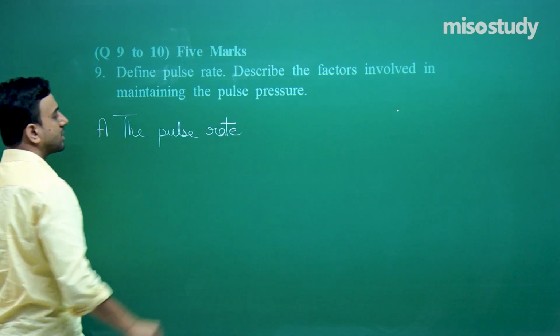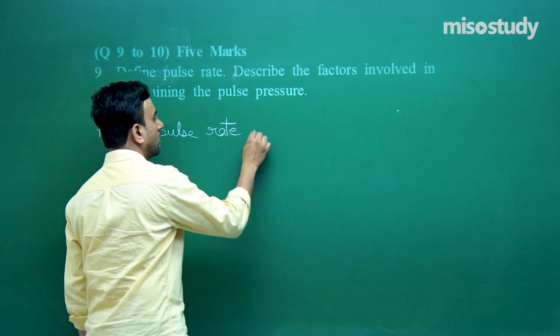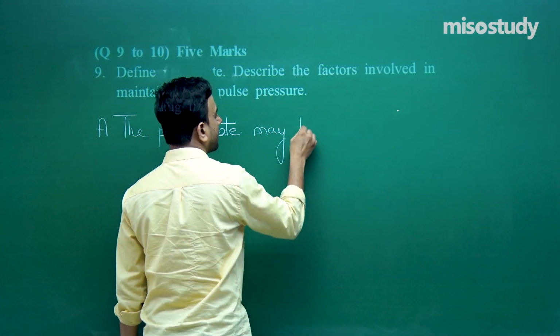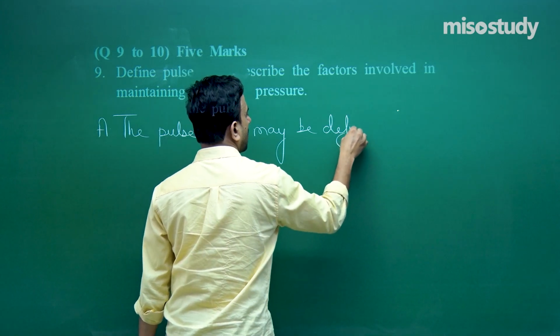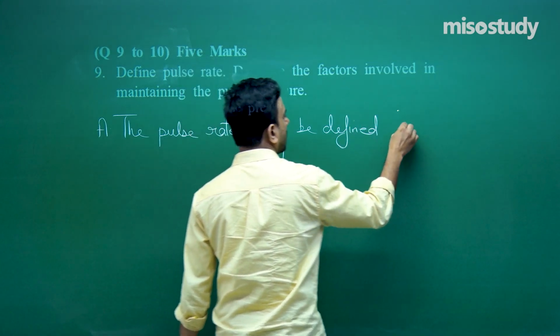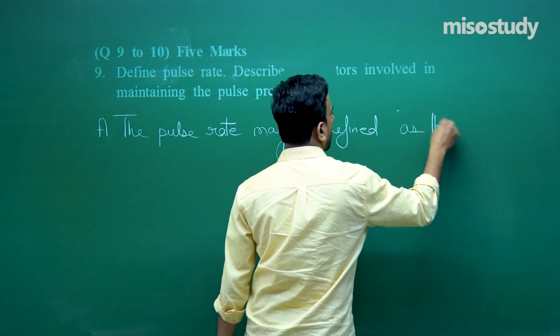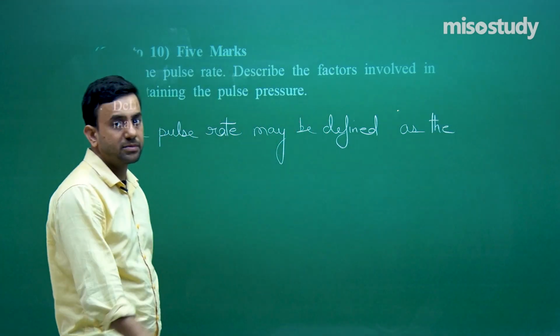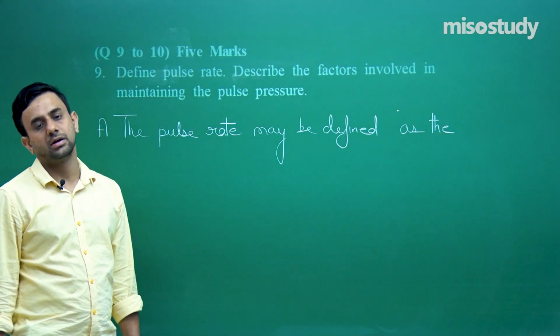The pulse rate may be defined as the number of times the heart circulates the blood.